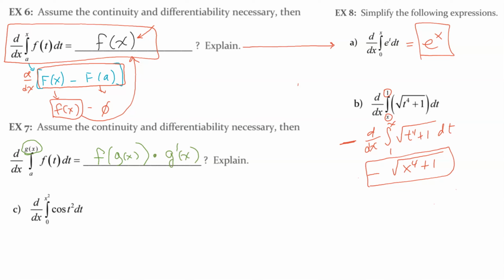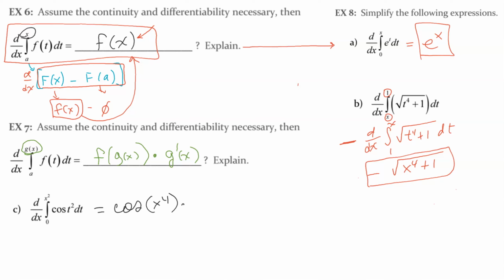Okay, so here, when we're taking the derivative of the integral from 0 to x squared, most people will just think, oh, you just take the thing here and put it in, and you'll get cosine of x squared, which is x to the 4th power.